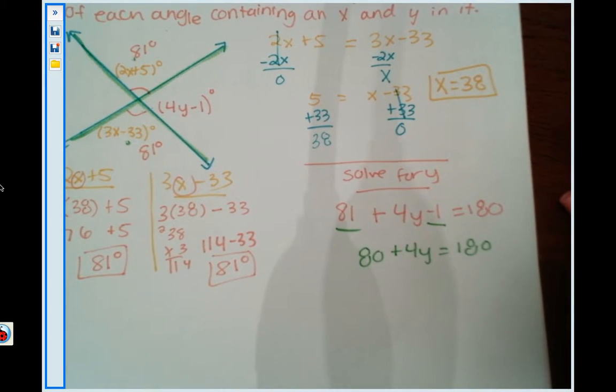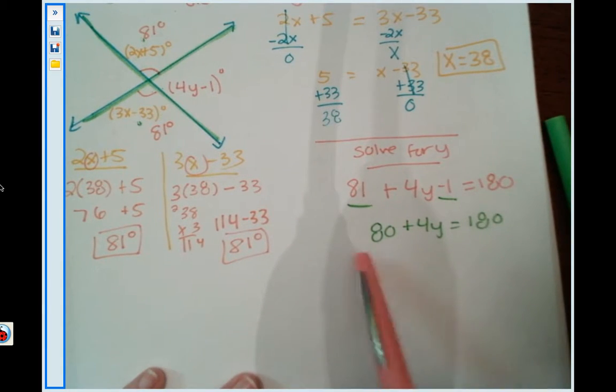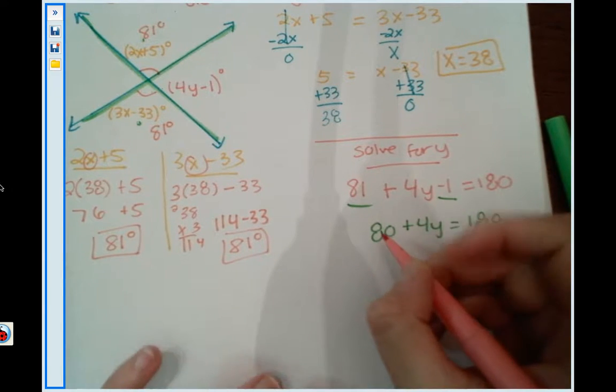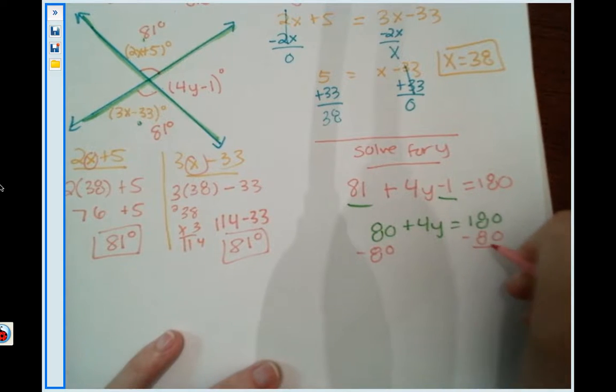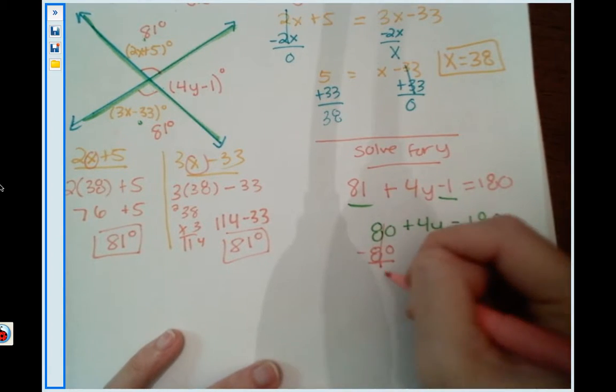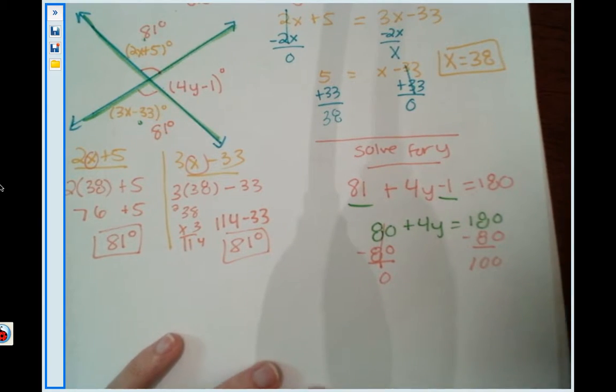Now I gotta start isolating my y, so I need to move everything else to the other side. I'm gonna bring my 80 to the other side, which the opposite of positive 80 is negative 80. Holy hot dog, right? 80 minus 80 cancels and turns to 0. 180 minus 80 gives me 100.